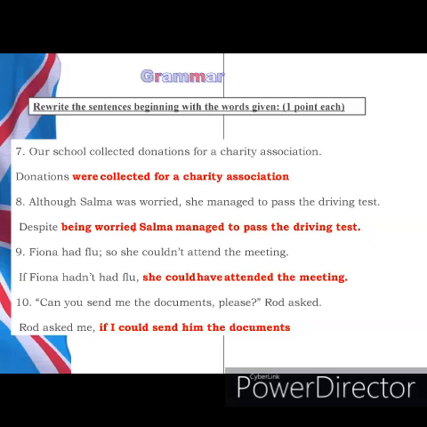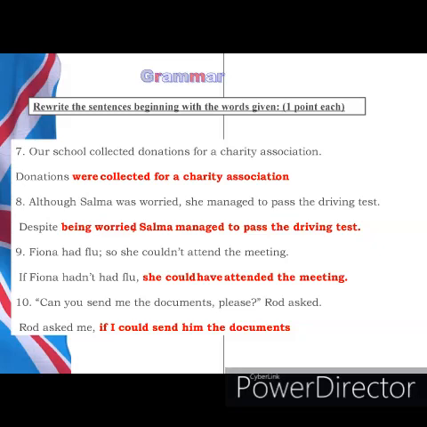Yes, okay, number 8. Although Selma was worried, she managed to pass the driving test. Okay? هنا غير كنلعبوا ولا عرفتوا اننا خدمنا في linking words دوينا على concession, okay, and addition and all the types of linking words. They can agree in terms of the function, but in terms of the structures, okay, each one of them, okay, has got a certain way, okay, to be used.